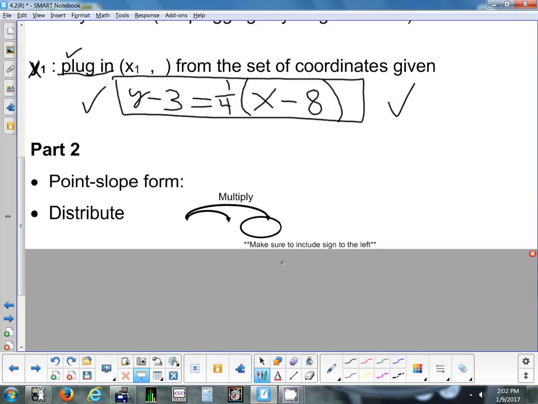All right, so we had y minus 3 equals 1/4 times x minus 8. Again, directions did not ask us to do this, but I need a problem to show you how to do it, so I'll just use the last one we had.